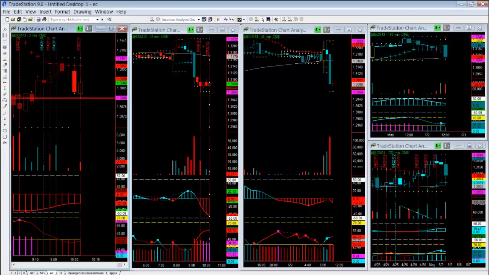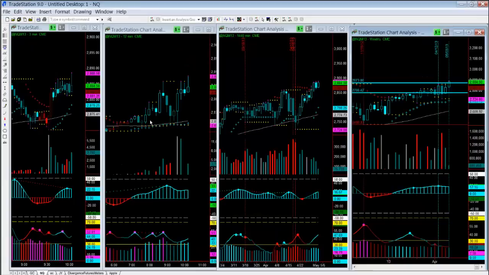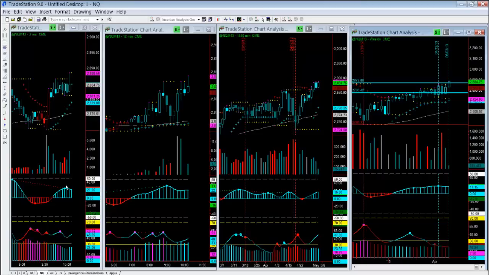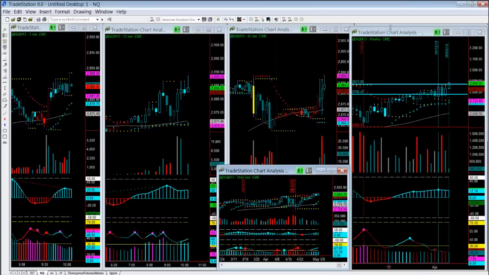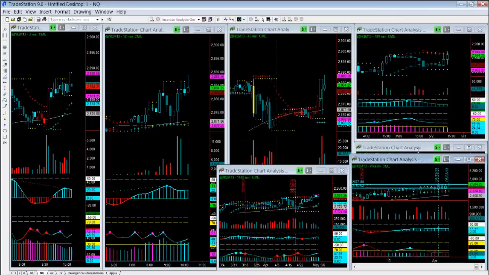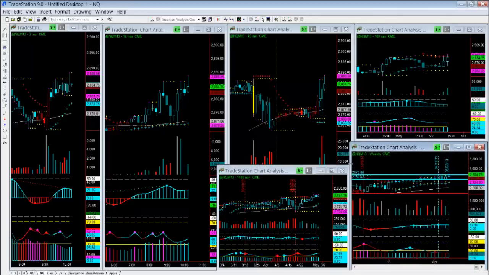Let's go have a look at the NASDAQ. You're getting a lot of divergence right here on the highs. Oh, that's 1440. Can't look at that one right now. That is way too far away from me.